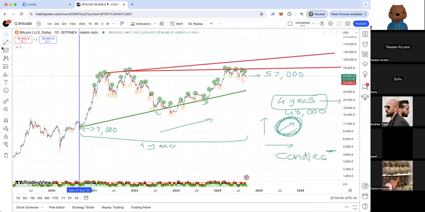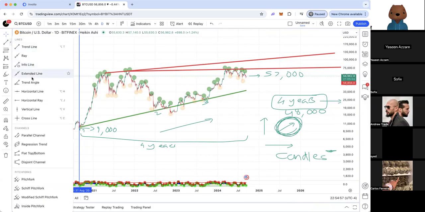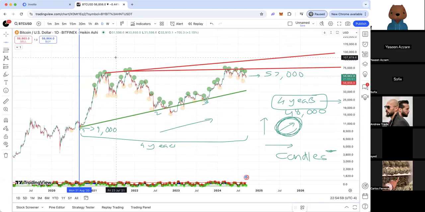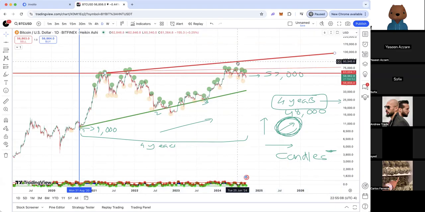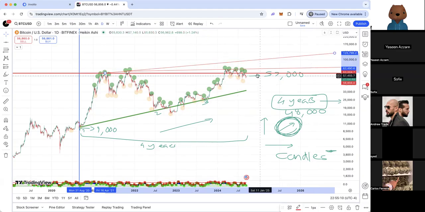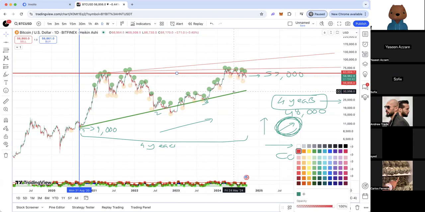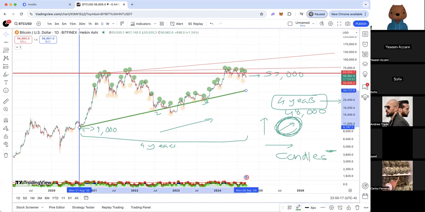If we were to add some supporting lines for the support and resistance, we can see there's a resistance here. I'll make the trend lines a little bit thinner so you guys can understand that support and resistance are much more important than the trend lines themselves.